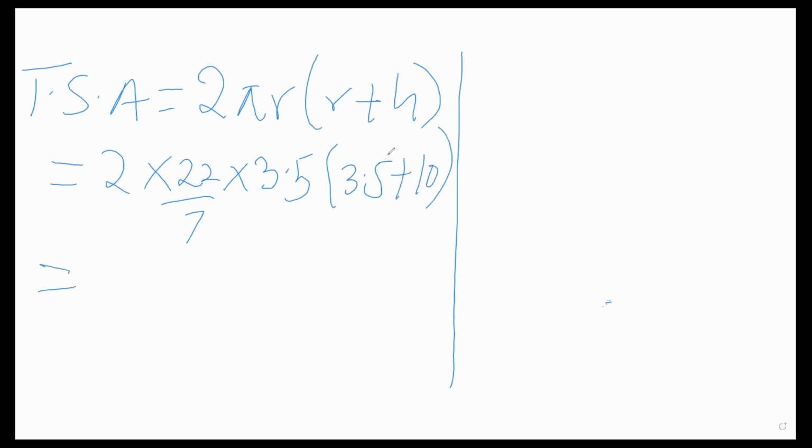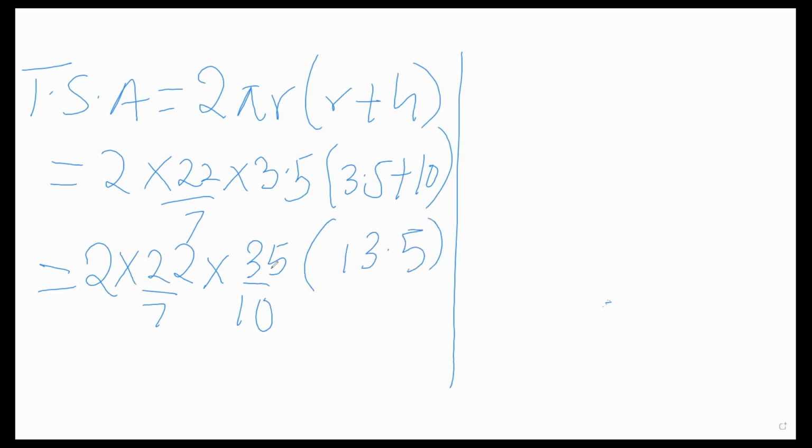So that will be equal to, we can write this as 2 times 22/7 multiplied by, now this 3.5, we can write it as 35/10 into bracket. Now 3.5 plus 10 will give us 13.5.